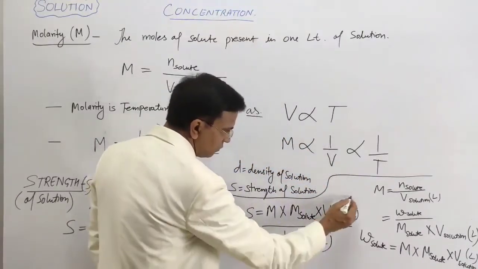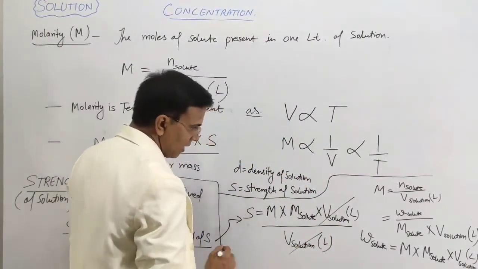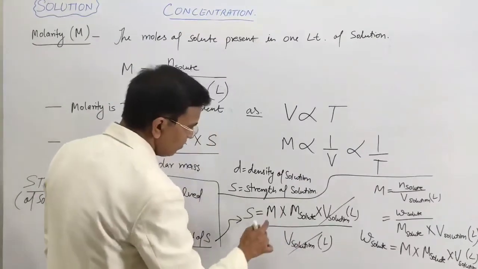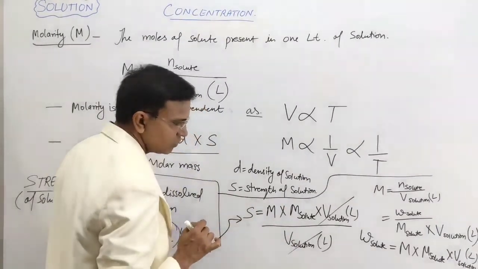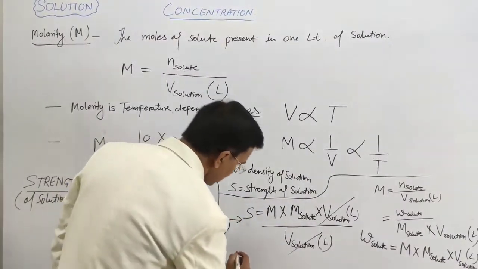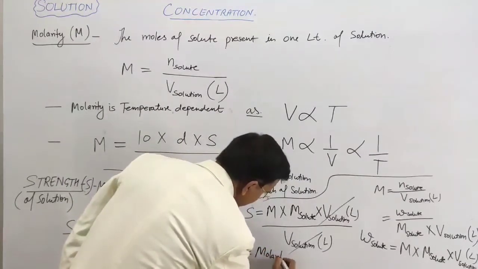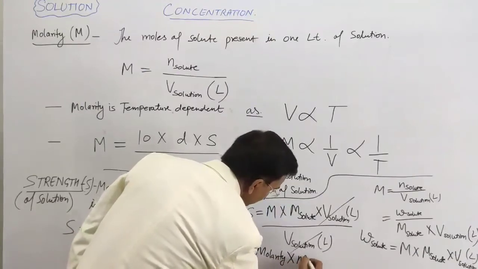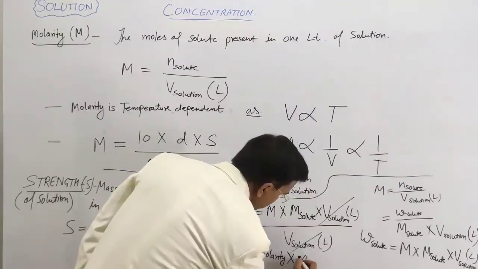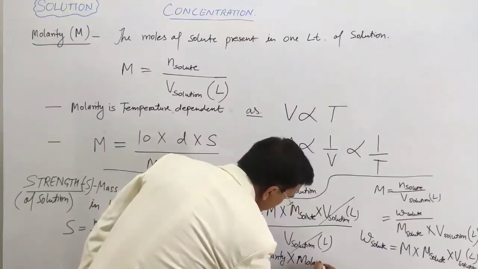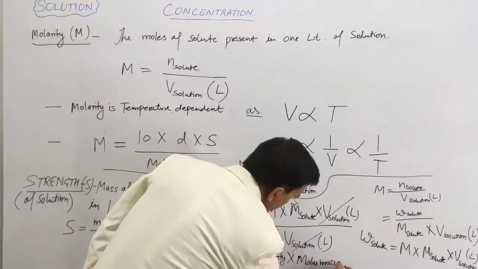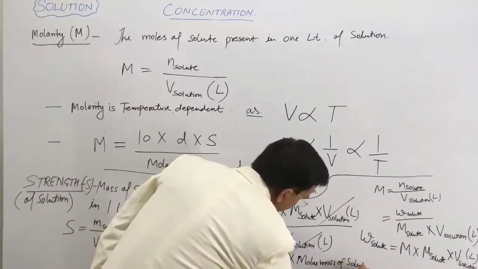So the volume of solution cancels out, and what remains is molarity into molar mass of solute. So strength will be molarity multiplied by molar mass of solute.